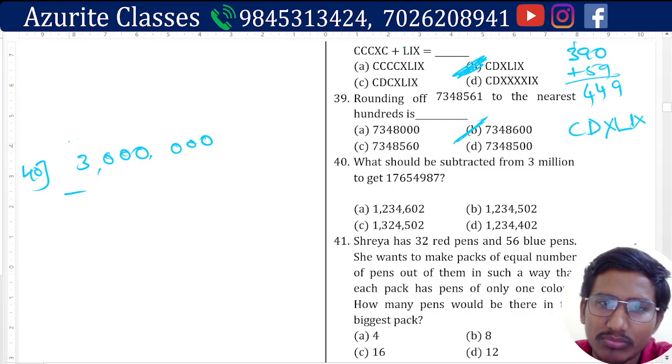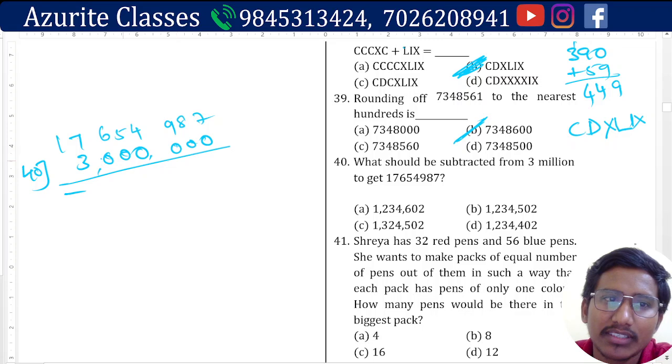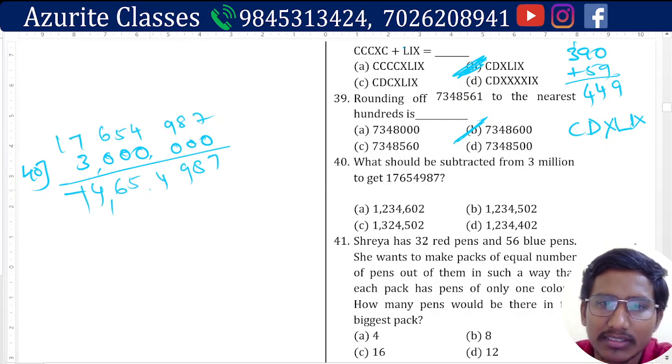So from this we have to subtract 1 7 6 5 4 9 8 7. Let us subtract it. So that will be 7 8 9 4 5 6 4 1. 14 will be the answer.